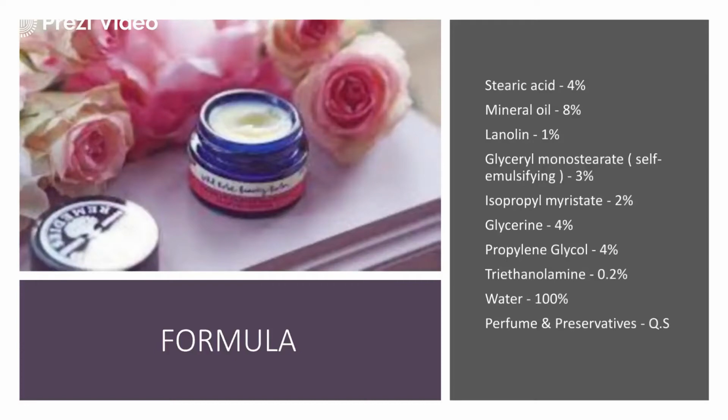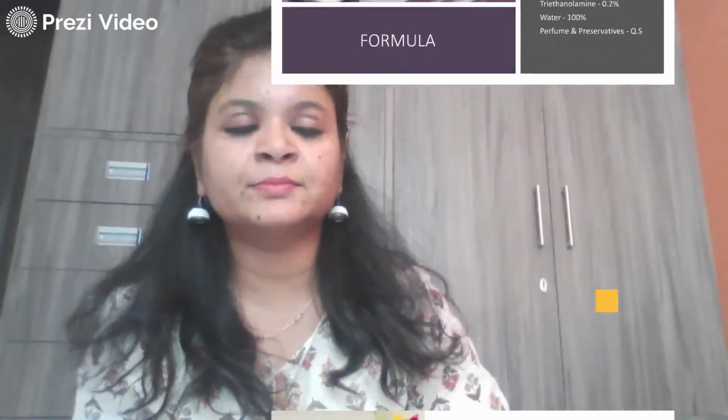The oily phase comprises mineral oil, lanolin, and the aqueous phase comprises stearic acid, water, in combination with other ingredients like glyceryl monostearate, which is used for emulsification, or triethanolamine, perfumes and preservatives. Glycerin is added as a humectant so as to preserve the natural moisture of the skin. So these creams are formulated using these substances.